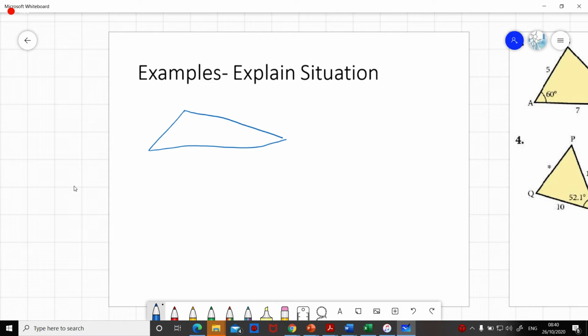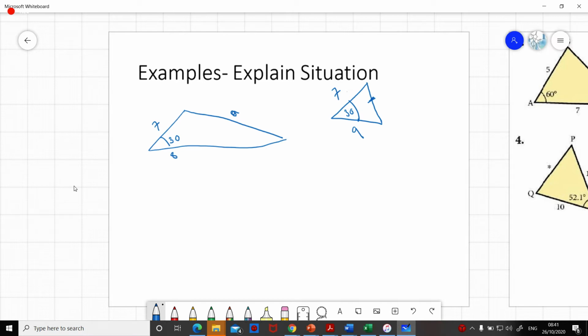The cosine rule is only used when we have an angle, say 30 degrees, and two sides within the angle, say 7 and 8, and you're trying to find this side a. This is the only situation where you use the cosine rule for looking for a side.